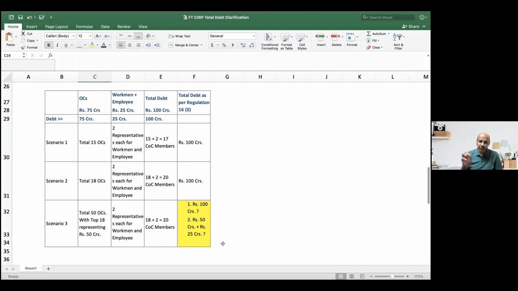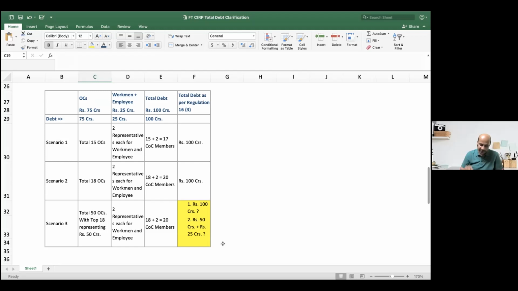So this means the onus of whether fast track CIRP is applicable or not is on the IRP, and the IRP has to do this while filing the constitution of the COC with the adjudicating authority. So this is a very important point.